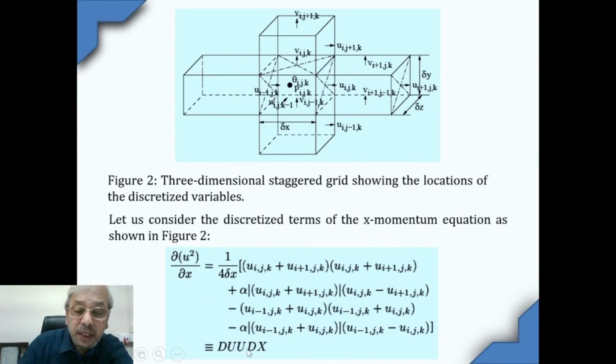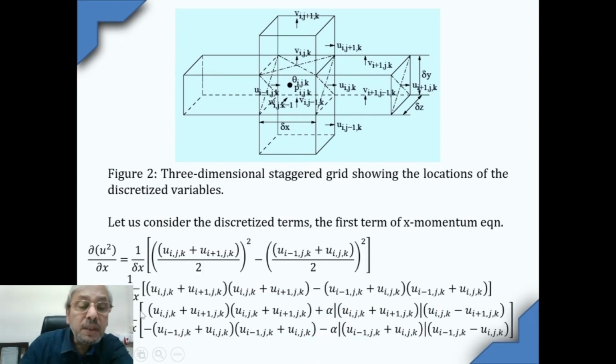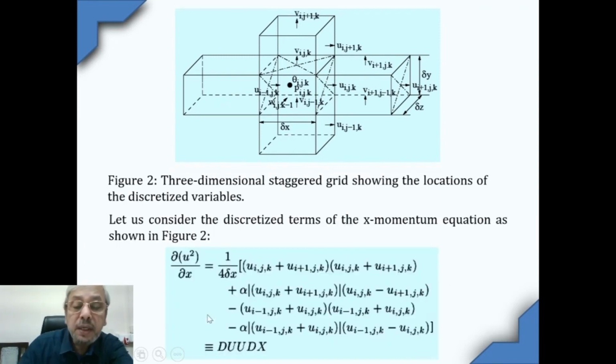As if this is a variable in a program, we have given it a name following that sequence in a code. This is exactly the same term that we have written here, del del x of u square.